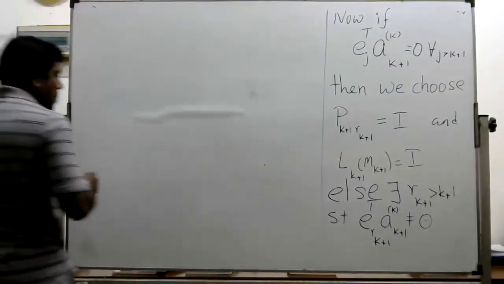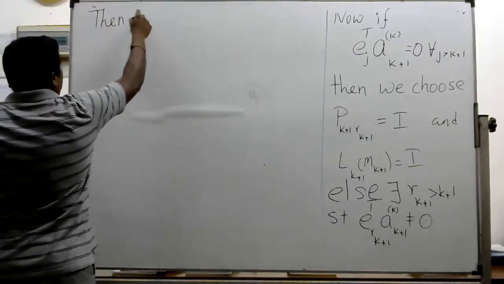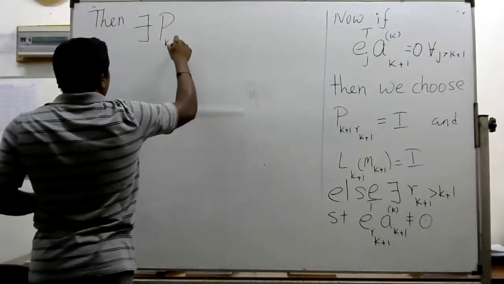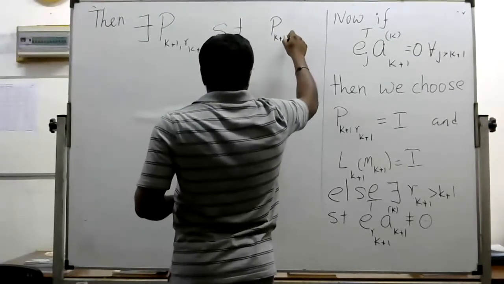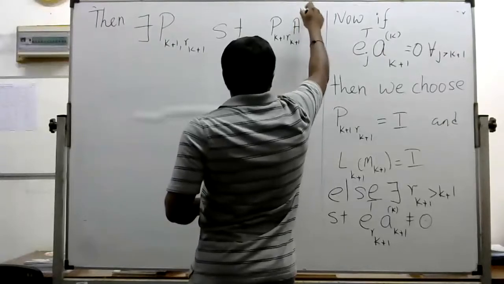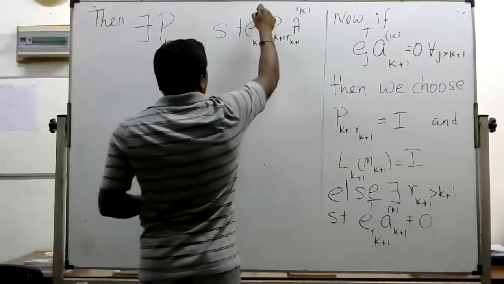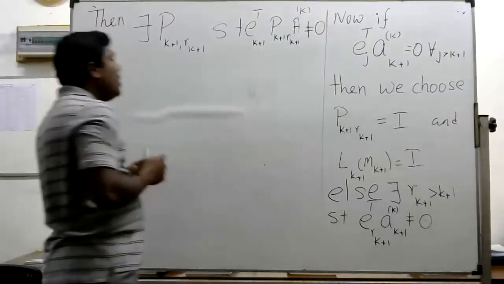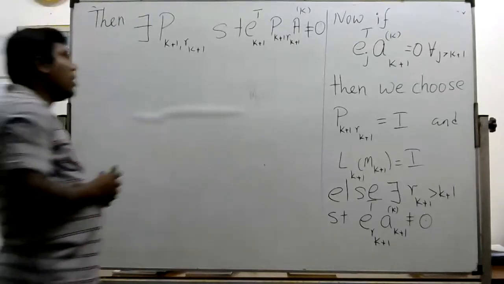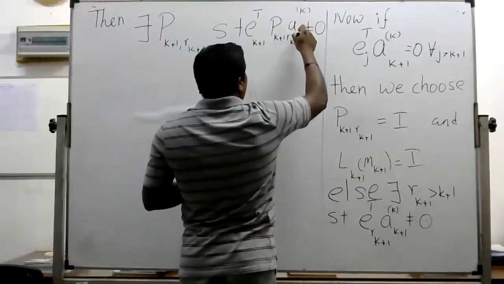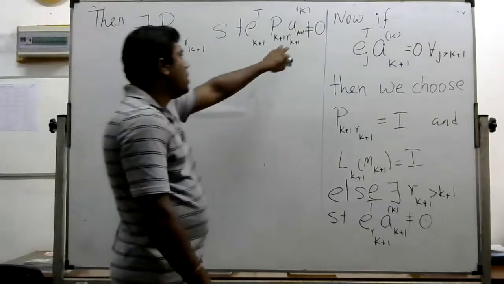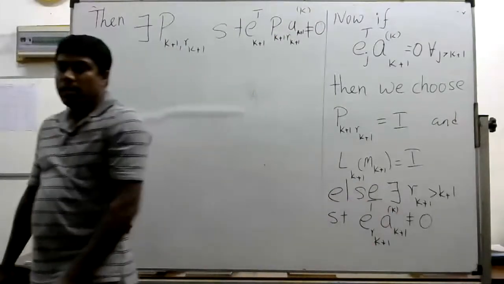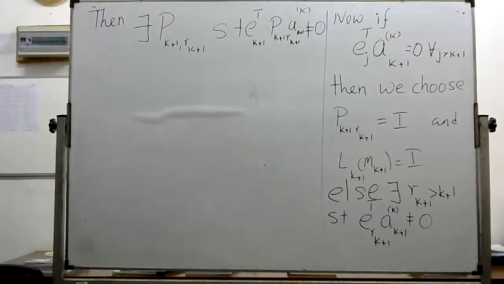So in that case, we will have a non-zero term on the diagonal of the k plus first column of A, because by the elementary permutation matrix, you can always bring that non-zero term to the diagonal.